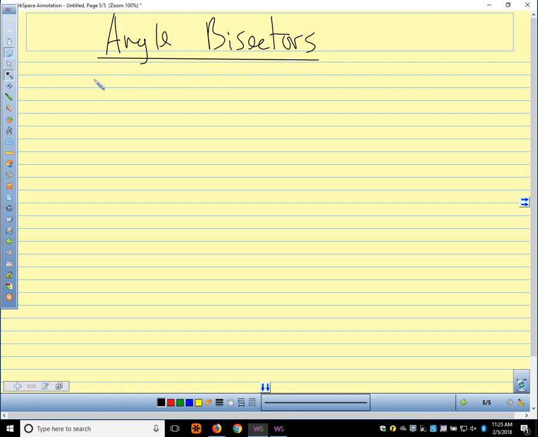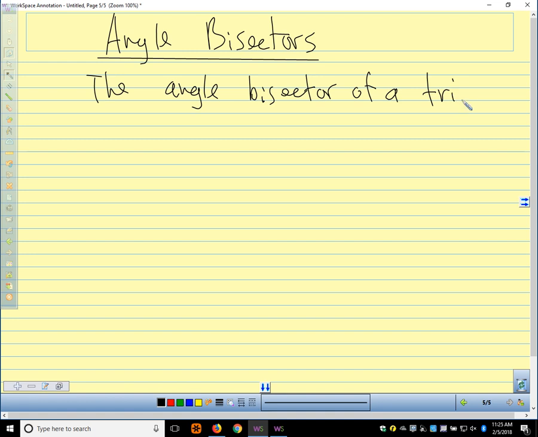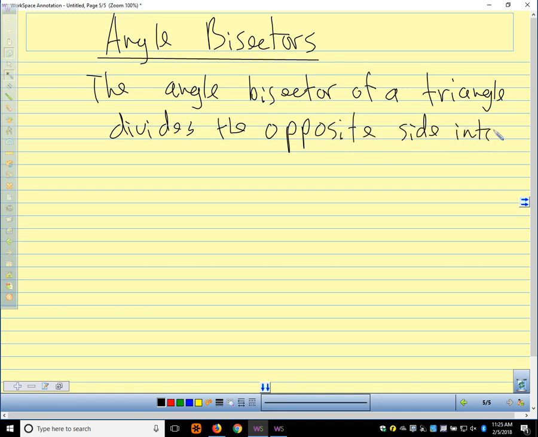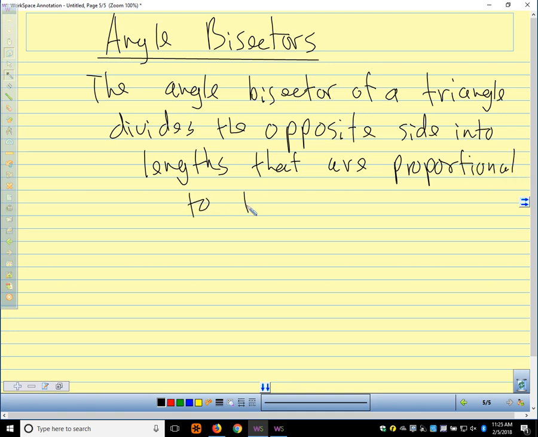So we're going to say the angle bisector of a triangle divides the opposite side into lengths that are proportional to the adjacent sides.